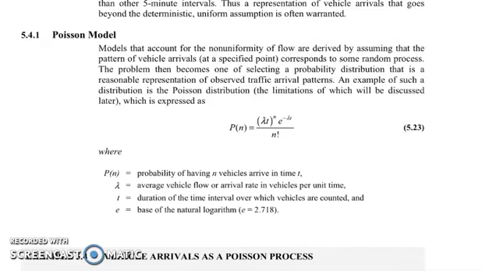That is equal to lambda t raised to n, multiplied by e raised to negative lambda t, all over n factorial. Our t here is the duration of the time interval over which vehicles are counted. Our lambda is the average vehicle flow or arrival rate in vehicles per unit time.